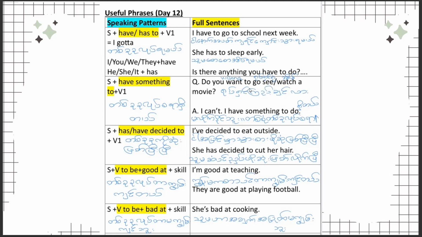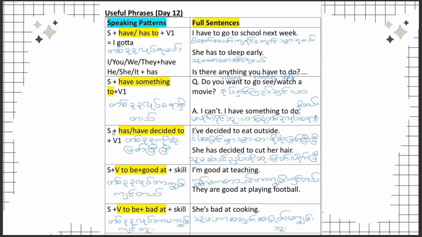We can use see and watch the same because those are the same, but there is a difference regarding watching movies: watching at home or watching at the cinema. If you watch at home, we use watch; if you watch at the cinema, we use see. And then the answer is, I can't, I have something to do. So you can respond something like that.